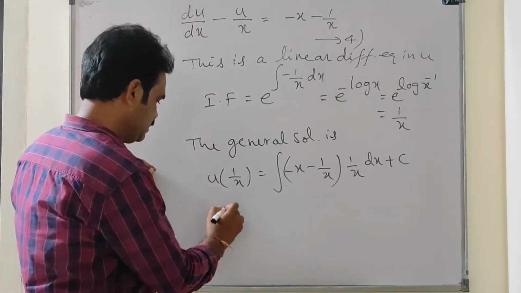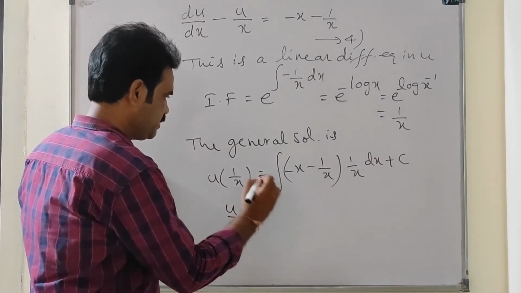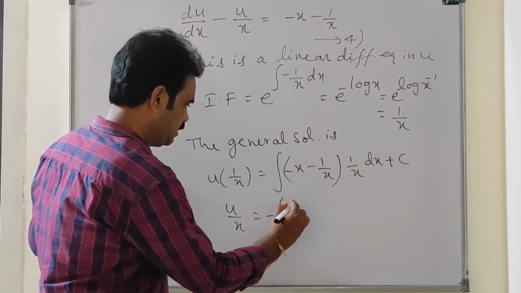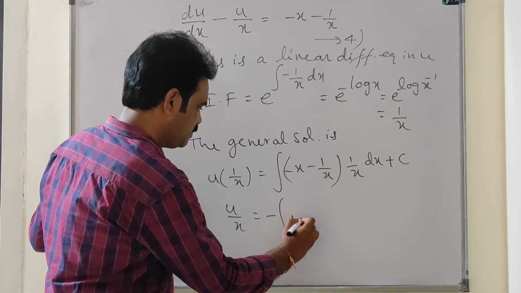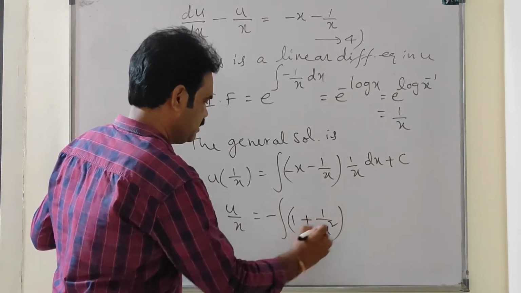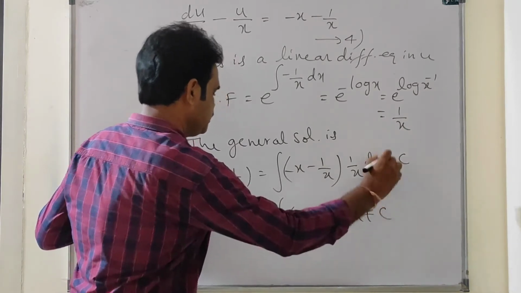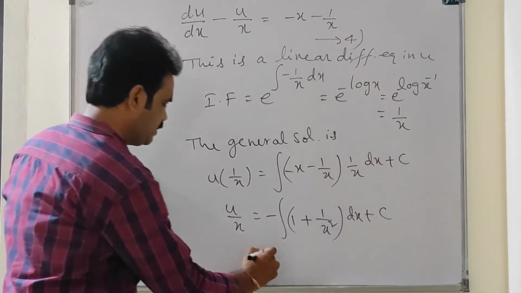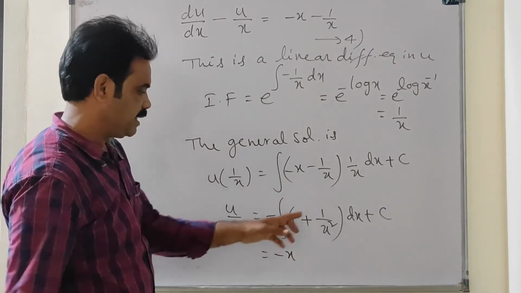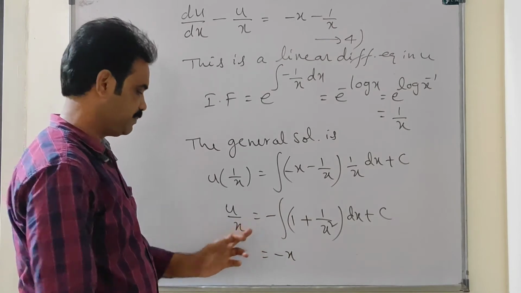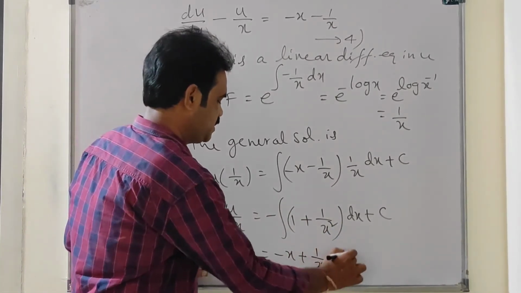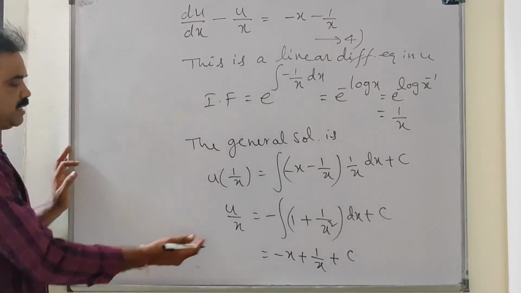That is u by x is equal to minus of integral 1 minus 1 plus 1 by x square dx plus c. That is equal to integral 1 dx is x, minus x, and integral 1 by x square is minus 1 by x, that is plus 1 by x plus c. Now finally substitute the value of u.